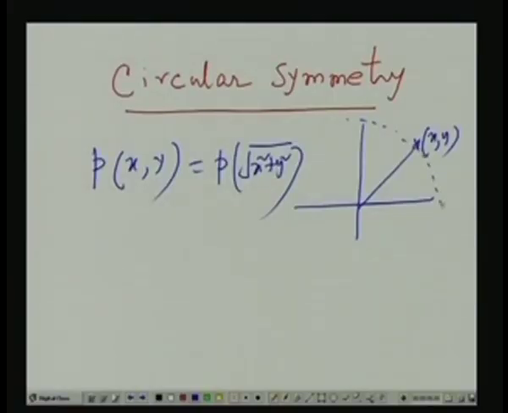In this case, if I draw a circle with the same radius, then at all points on the circumference of the circle I have got the same density. So, it is circularly symmetric.